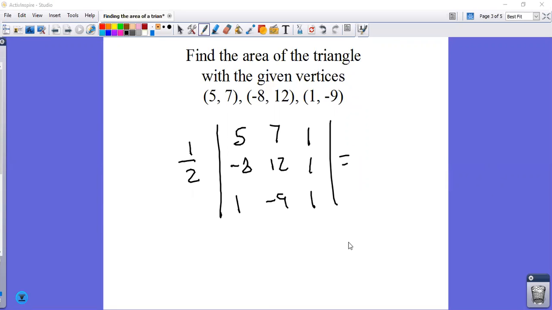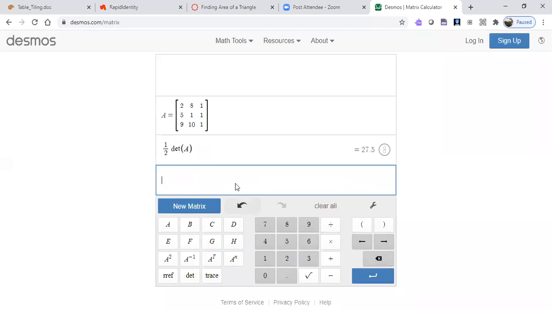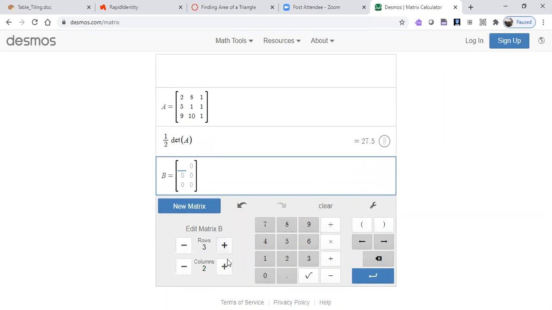So if I go to Desmos, if I do new matrix, doesn't matter what the name of the matrix is, 3 by 3, and it was 5, 7, 1, -8, 12, 1, and 1, -9, 1.